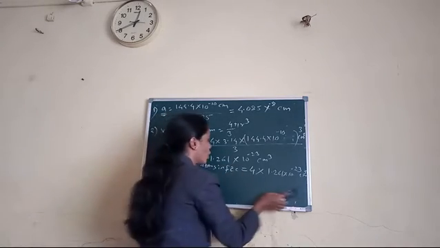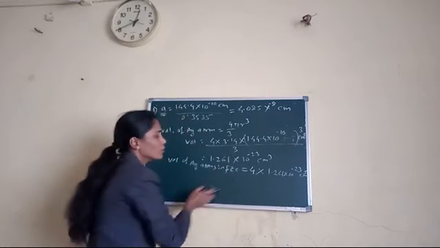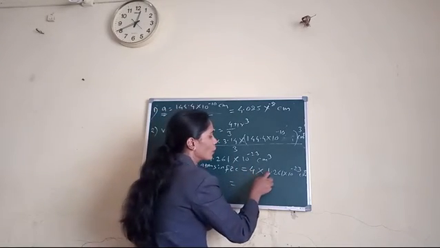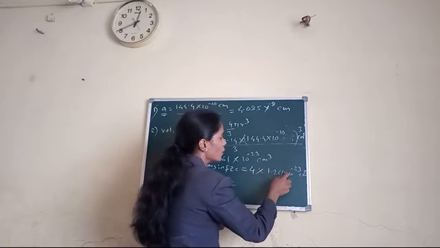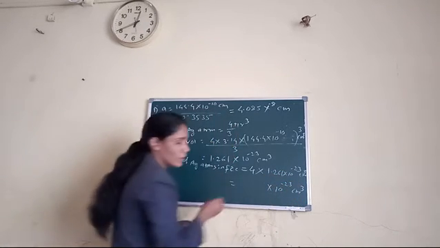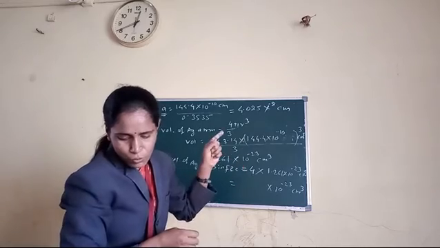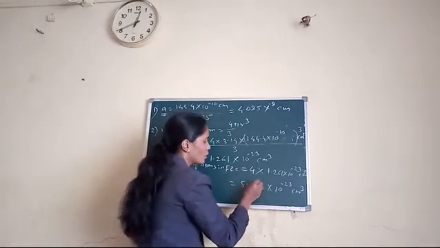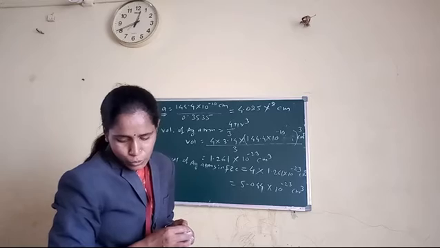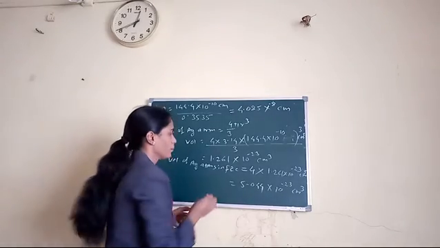To solve this step, 4 into 1.261 into 10 raised to minus 23 centimeter cube. By solving, this gives the answer 5.044 into 10 raised to minus 23.